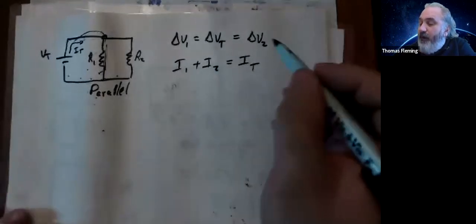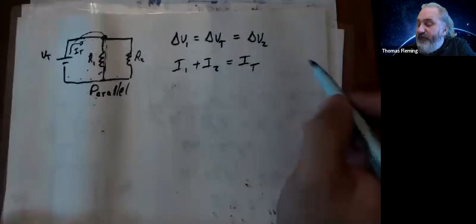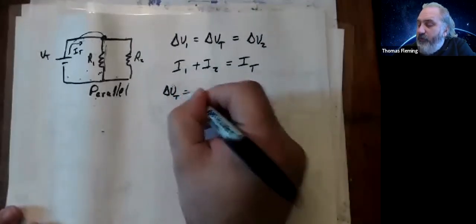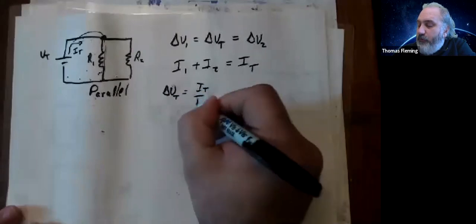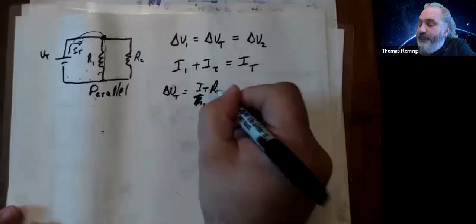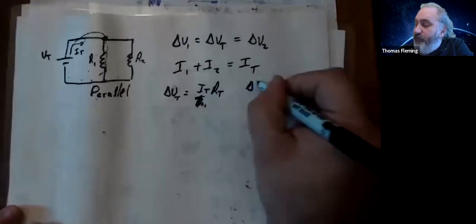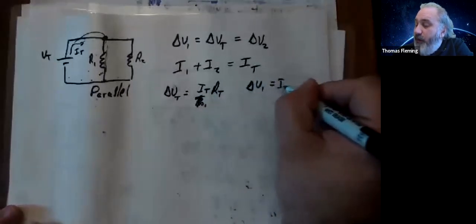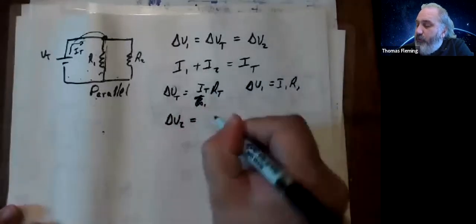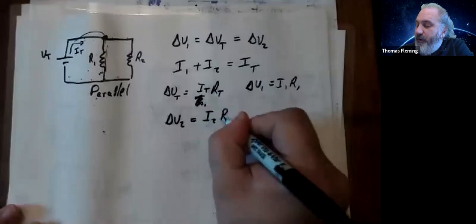So I still know that delta V equals I times R. So if delta V total equals I total times R total, delta V1 equals I1 times R1, delta V2 equals I2 times R2.